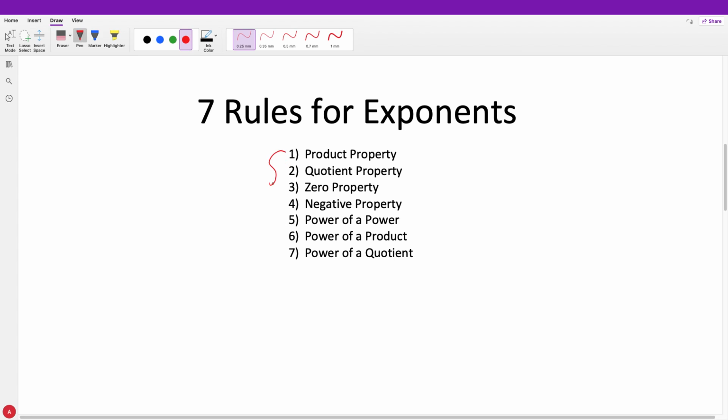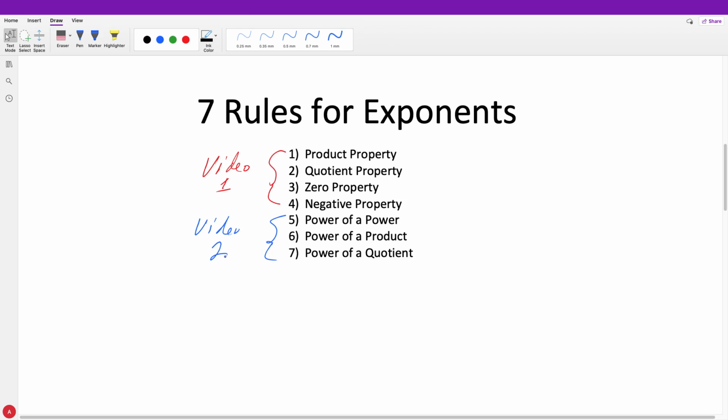We will cover the first 4 properties in video 1, so in this video, and then we'll cover the last 3 in video 2. All right, and at the end, I'm going to display one little thing here that you should be copying down as well. So this way you have your rules nice and neat and all laid out for you in this one little area.